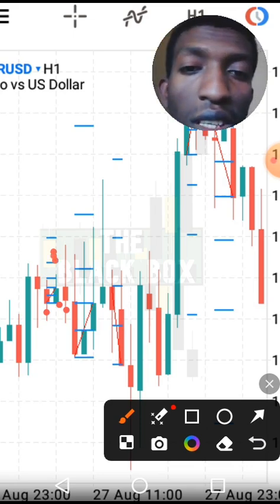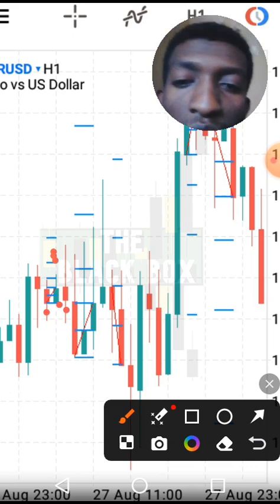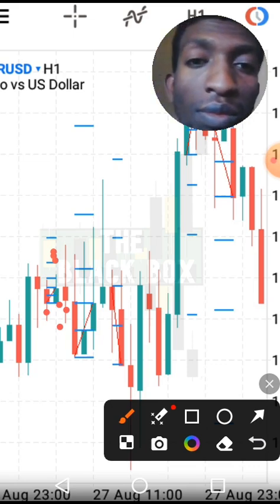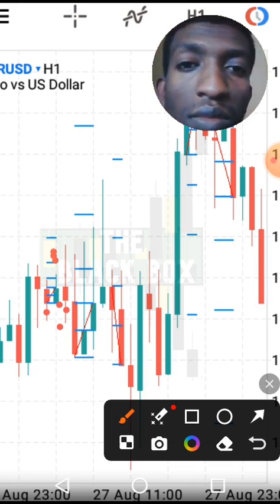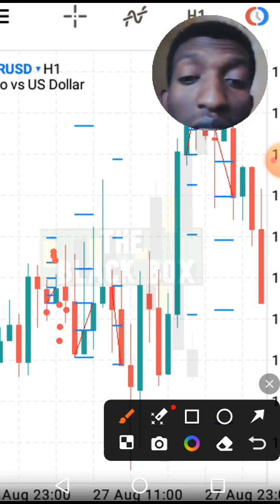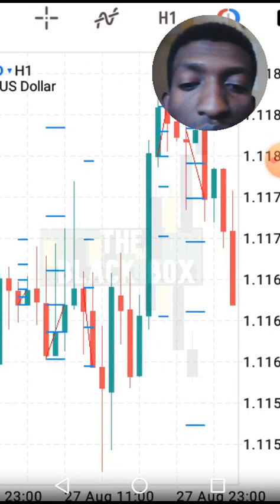The worst case scenario. It is the worst. Then it broke the downside, hit my stop loss downside. What do I do now? I sell. Now I sell.